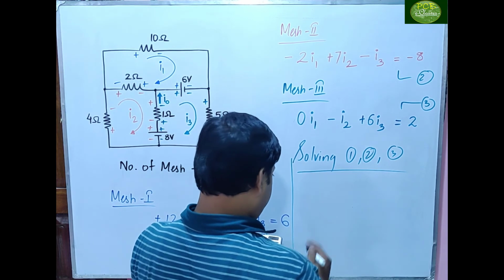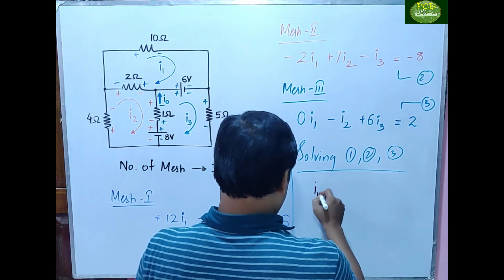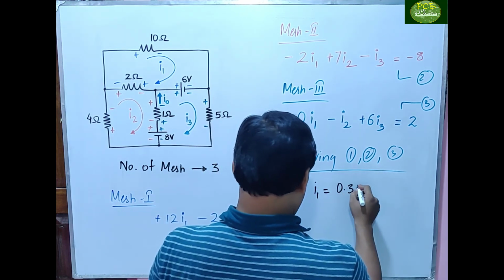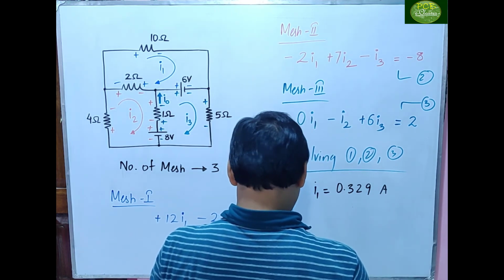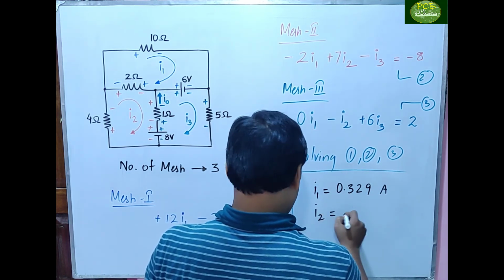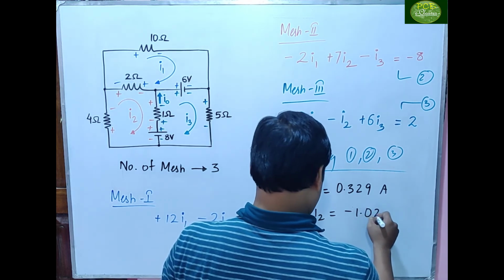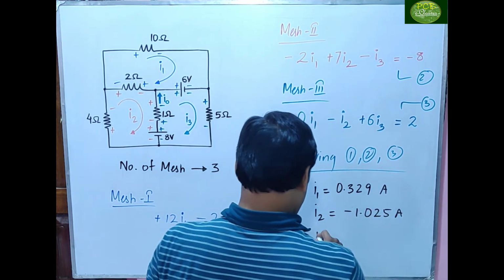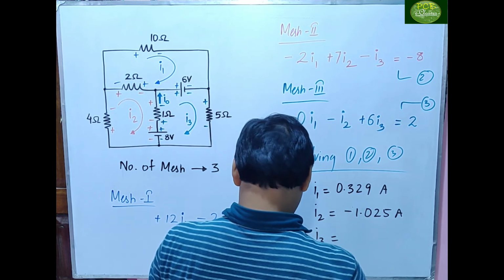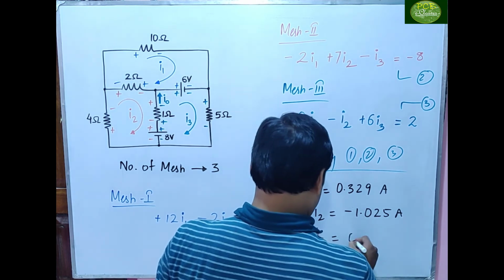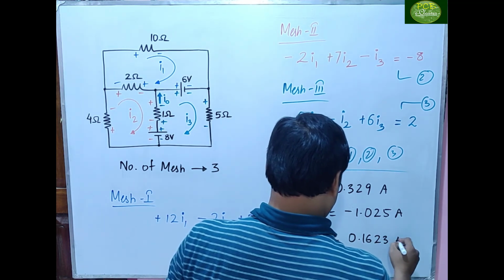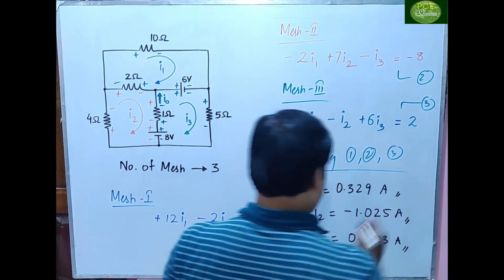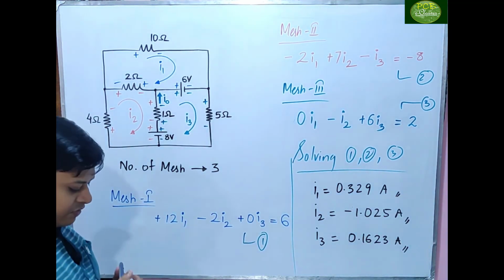We are getting I1 as 0.329 ampere. Similarly, I2 we are getting as minus 1.025 ampere. And I3 we are getting as 0.1623 ampere. Fine. These are the 3 mesh currents what we are getting.